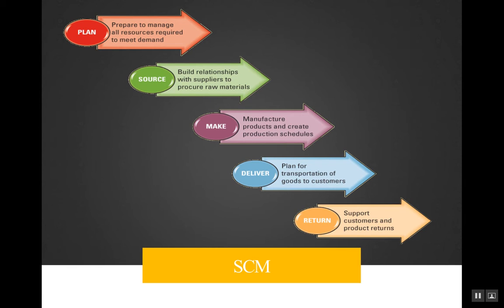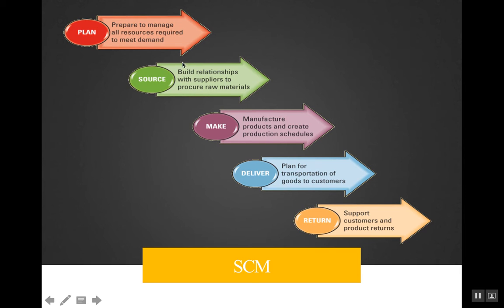Establishing the relationships with the suppliers, who are your raw material, who are your key suppliers in your supply chain. Third step is manufacturing. So the idea is SCM is really focused on these two areas up here, the planning phase and the sourcing phase, and the relationships therein.